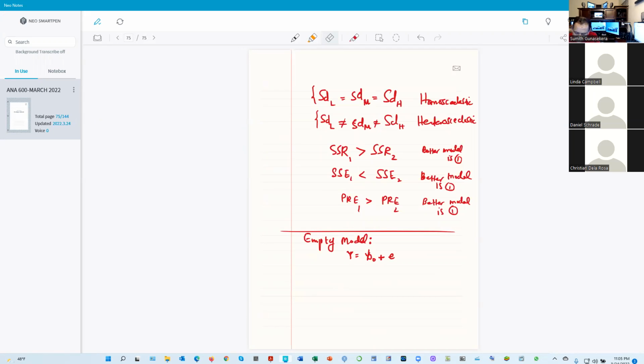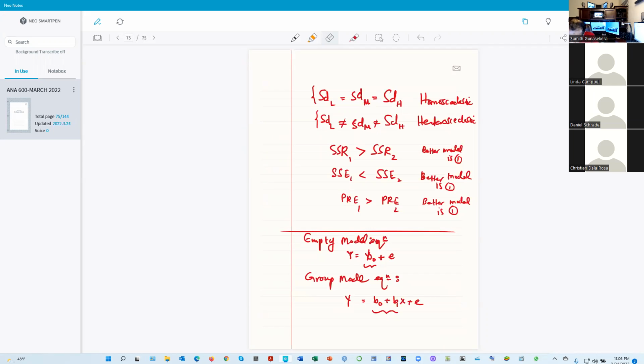Then the group model equation: y equals B naught plus B1 x plus error. So here how many parameters do you have? One more parameter than the empty model. That's what they say.